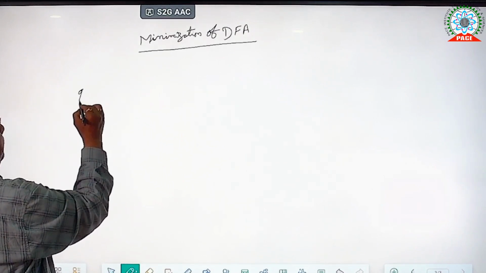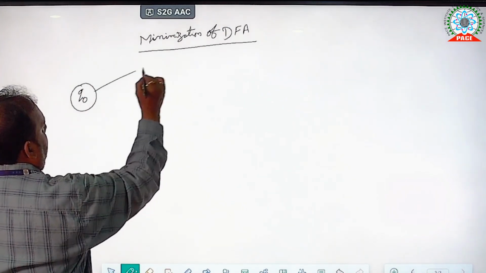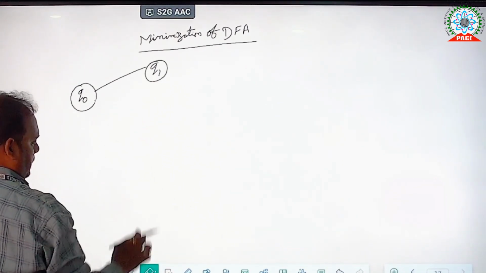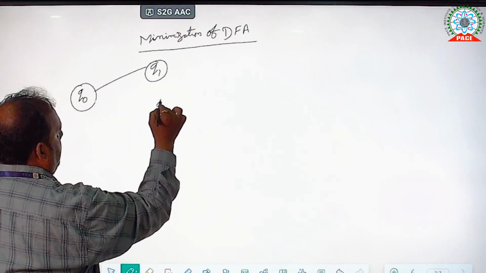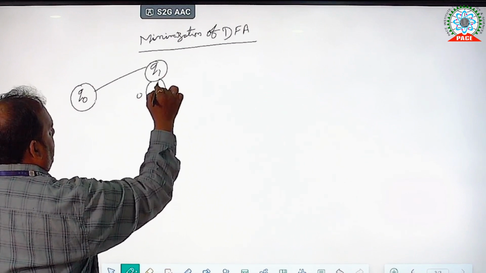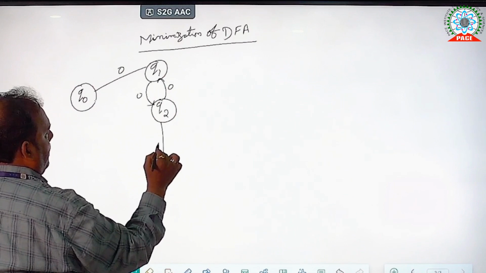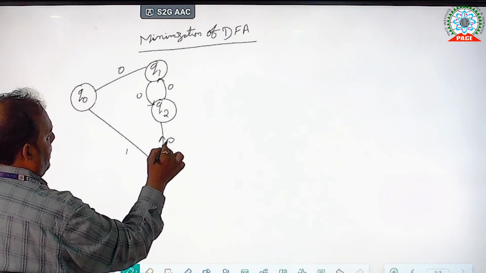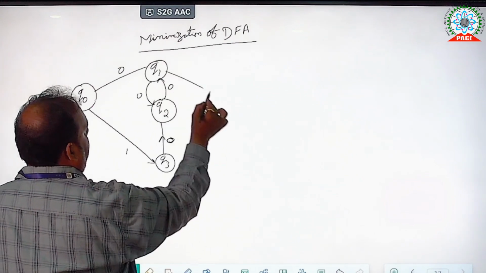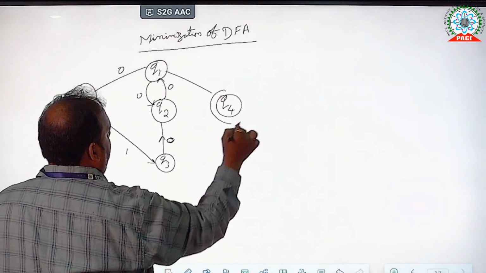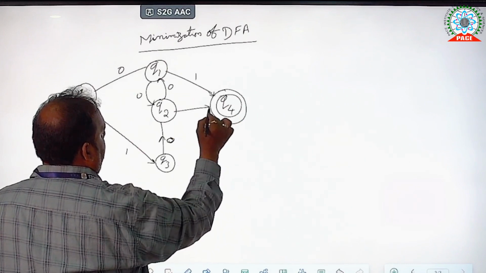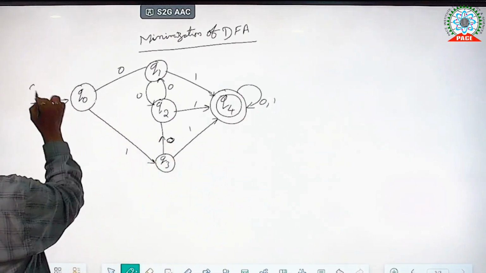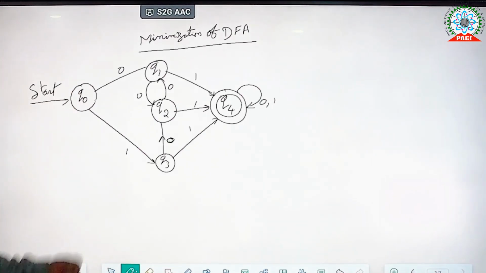So for example, here I am taking one DFA machine like this. So this is a DFA machine.